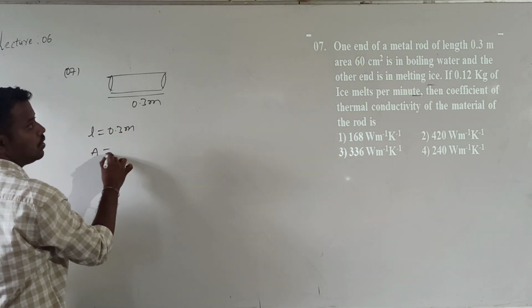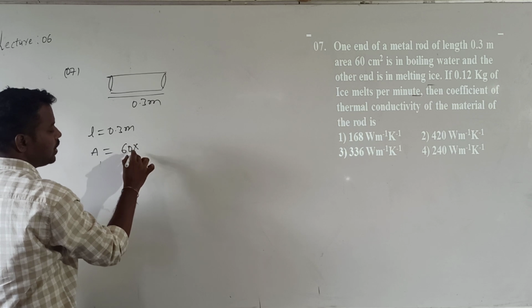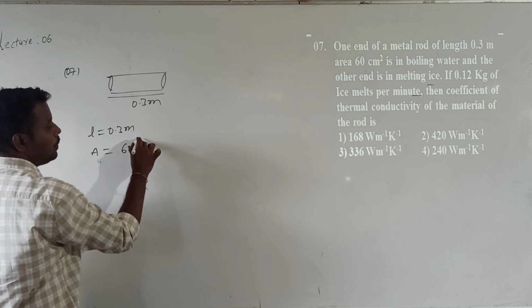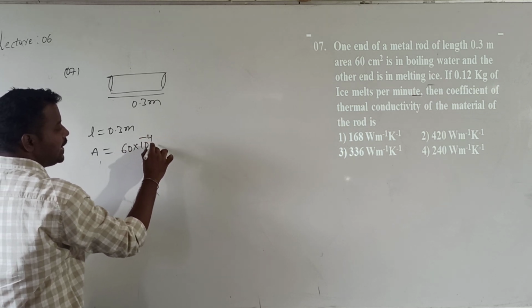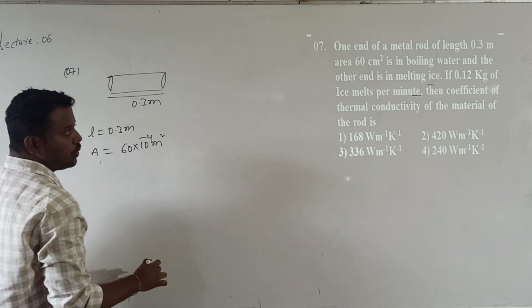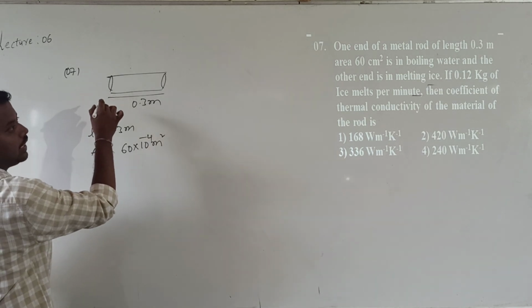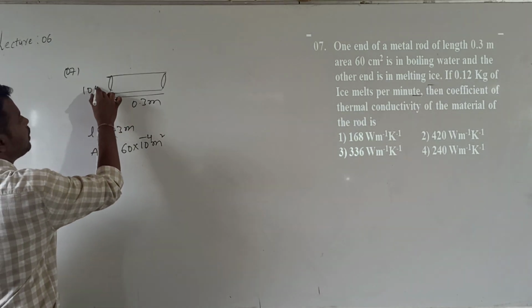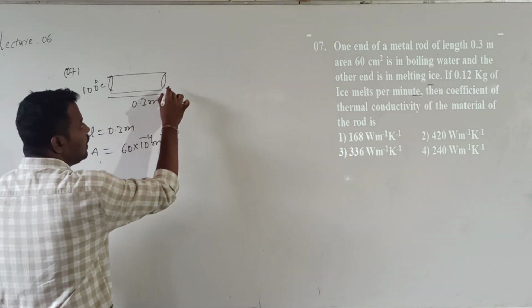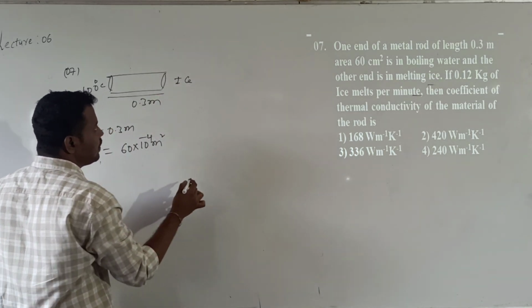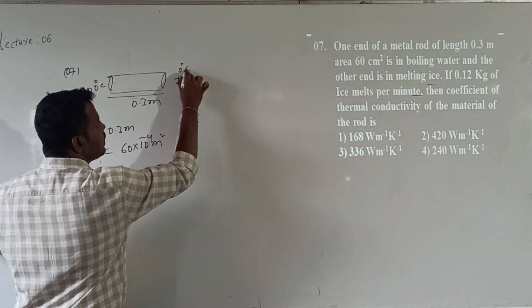Area of cross section value is 60 centimeters square. 1 centimeter is 10 power minus 2 meter. So 60 into 10 power minus 4 meter square. Okay? Then one end is maintained at boiling water temperature, 100 degrees Celsius. At the other end they kept ice at what temperature? 0 degrees Celsius.